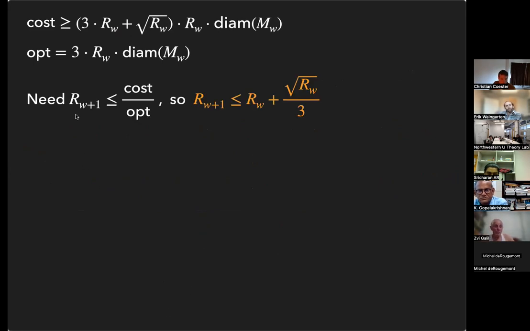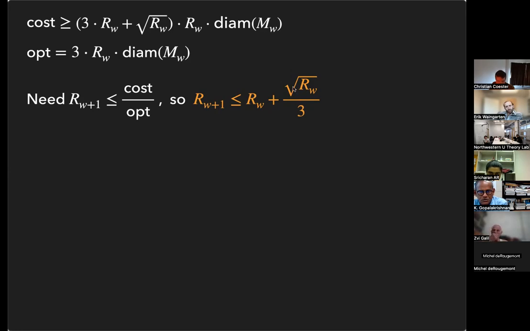We want to calculate RW plus 1, so the lower bound on the competitive ratio at the next level of recursion. So let's take the ratio of these two. And to satisfy this, we need to choose RW to be at most this ratio, and that means at most RW plus square root of RW over 3.